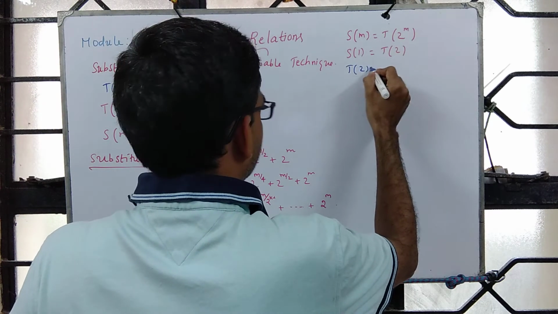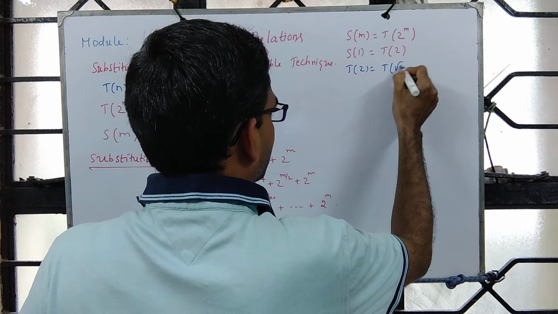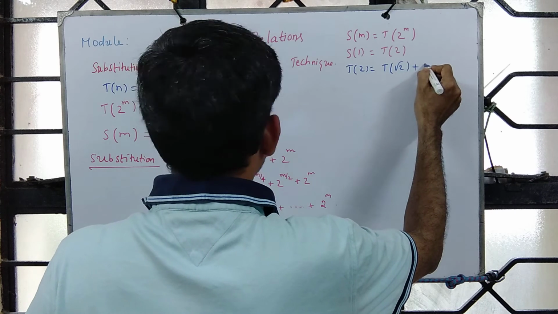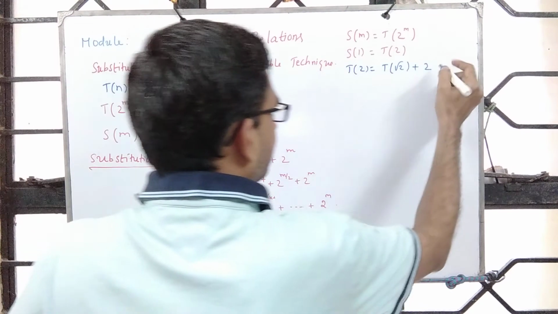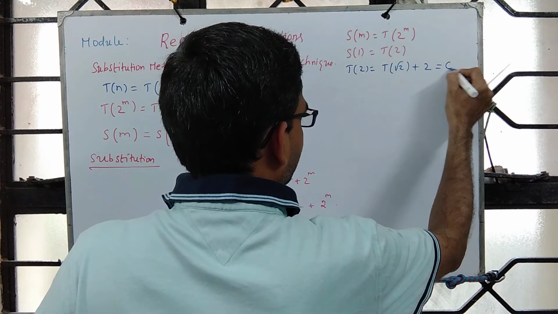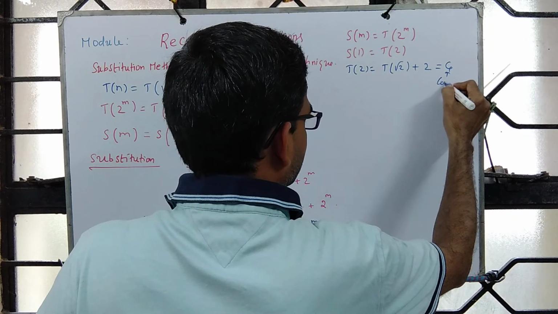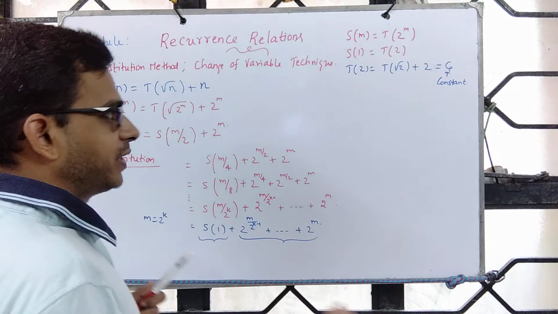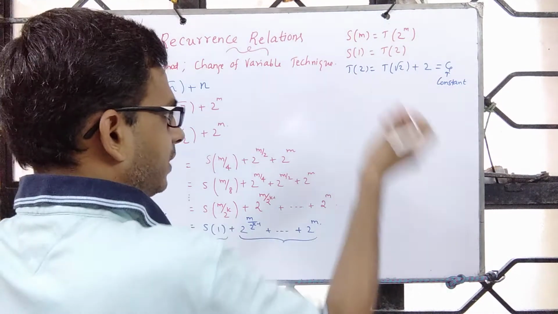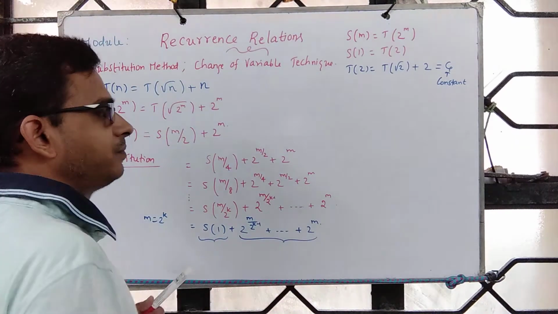So t of 2 is equal to t of square root of 2 plus 2. So this you can assume to be some constant c, because it's a base value, just like t of 1 is 1 or 0, t of 2 will be 1 or 1.5 and so on.